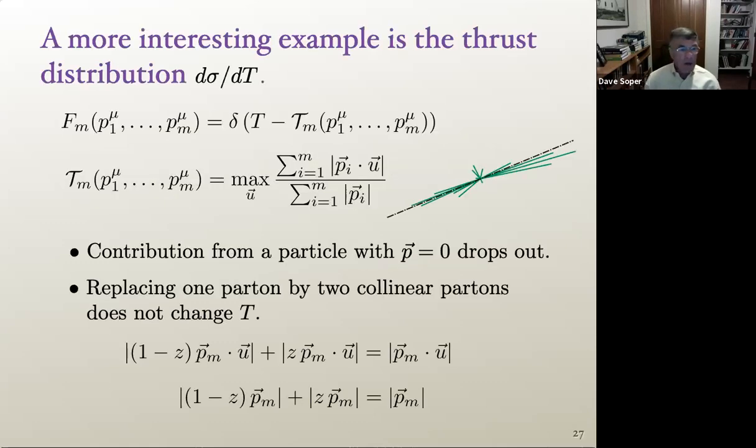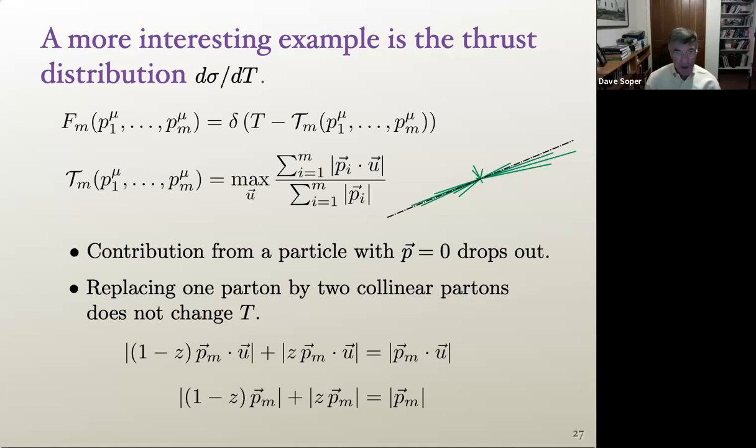And a more interesting example is the thrust distribution for electron-positron annihilation. So there, the Fm's really consist of delta functions. If we want to measure d sigma dt, where t is an object called the thrust, and the thrust is t sub m for m partons of all those momenta.